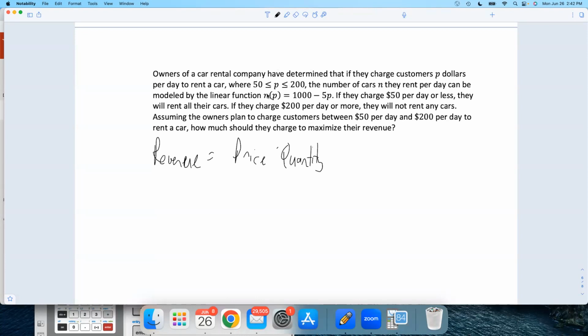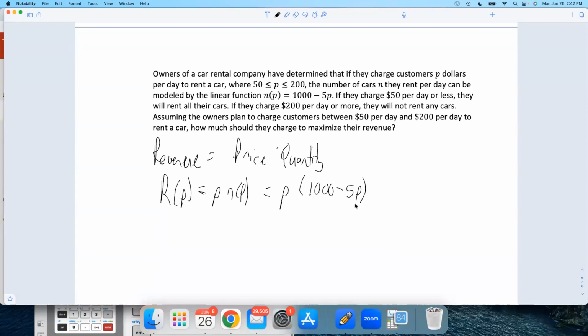It's the number you're going to sell at a particular price. So this guy here is called a demand function or a quantity function. So R as a function of price is always P times N of P. That's price times quantity. So in this case, that'll be P times 1,000 minus 5P.